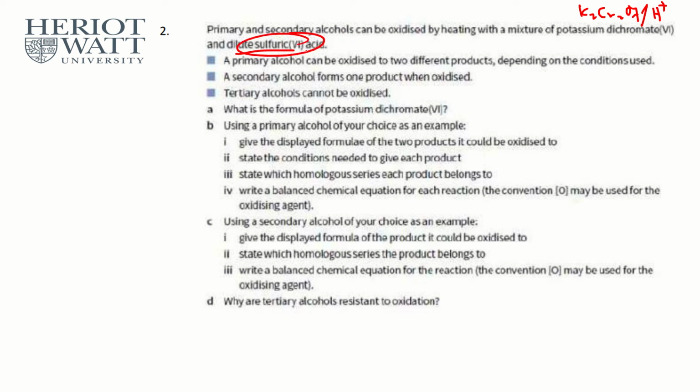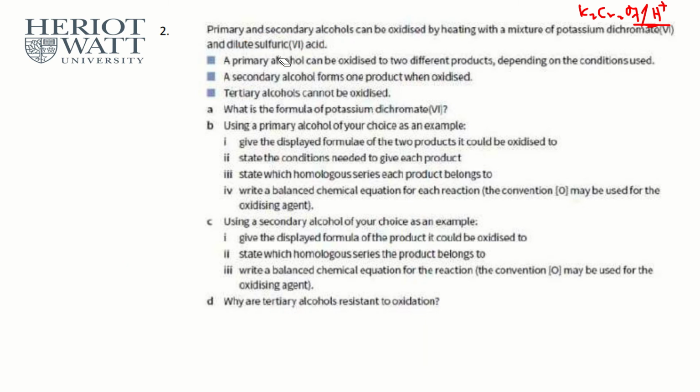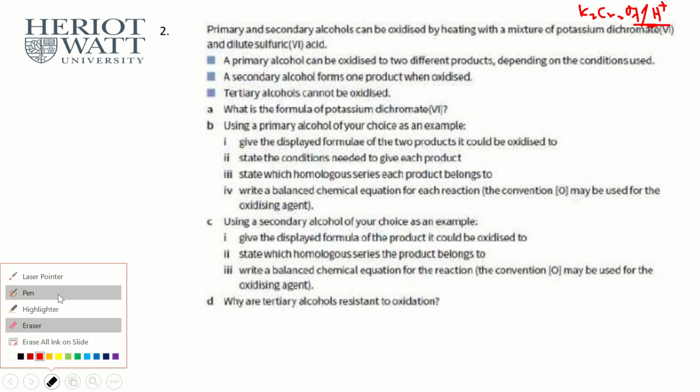That means acidified. So either you put /H plus like what I did, or you put dilute sulfuric acid as part of the mixture. Potassium dichromate is one of the common oxidizing agents. Another one will be potassium permanganate, KMnO4, but both are comparable. You can use any one of them, but make sure that you acidify the mixture.